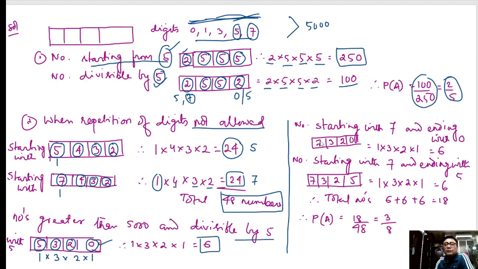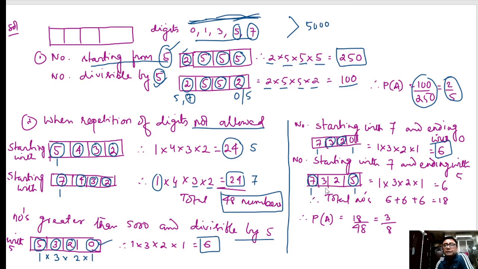Next, starting with 7, so only one option, ending with 0, one option. Okay, so there will be 3 options and 2 options, so 6 numbers. Now starting with 7 and ending with 5, so one option and one option.